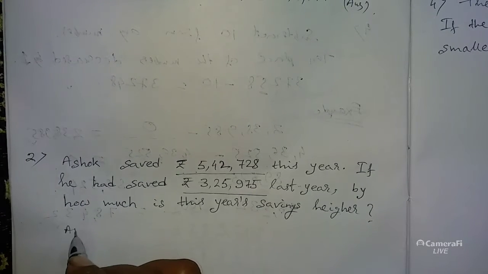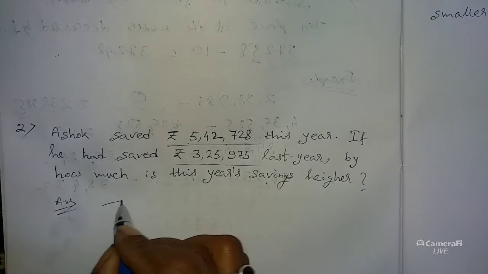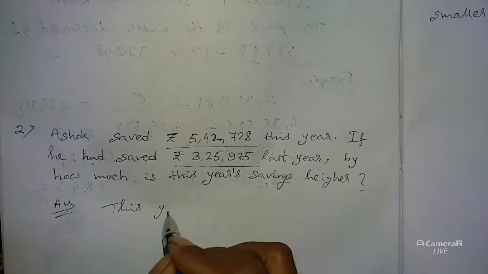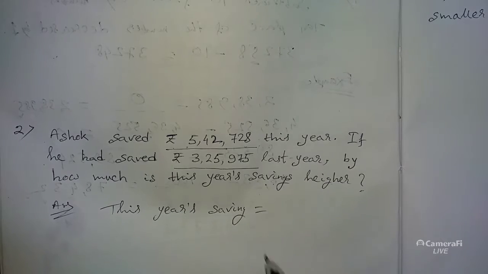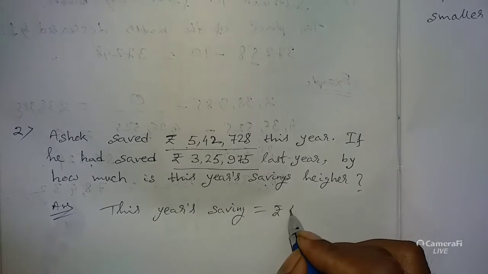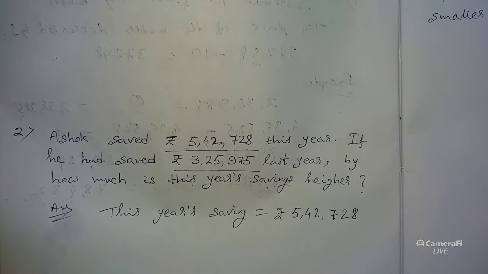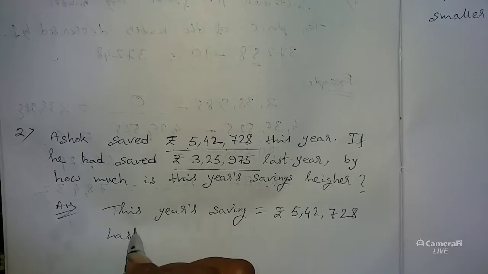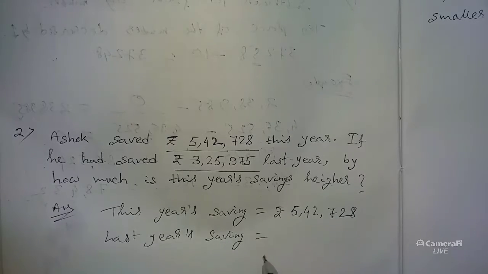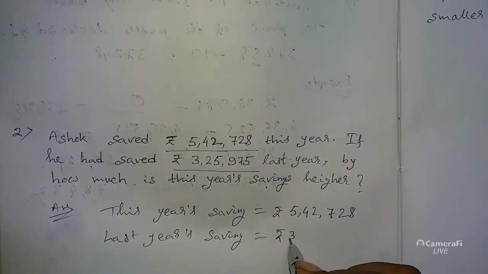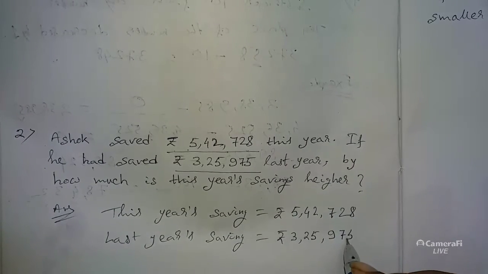So let us write the statement that this year's saving is rupees 5,42,728 and last year's saving was rupees 3,25,975.